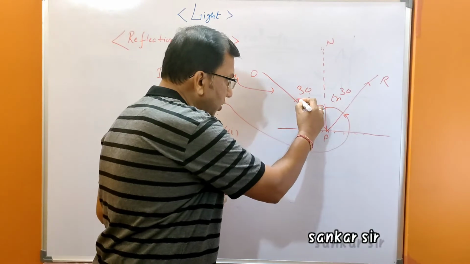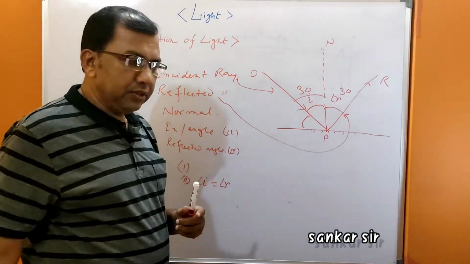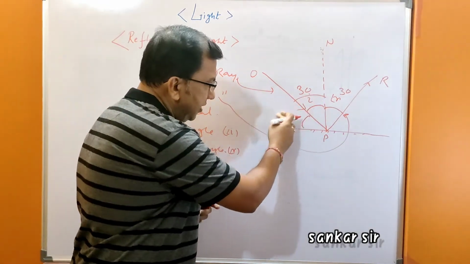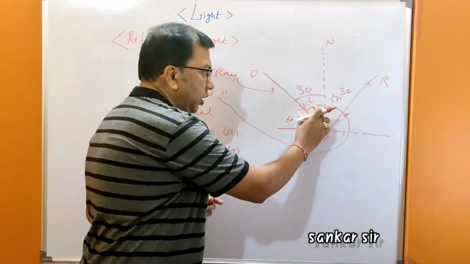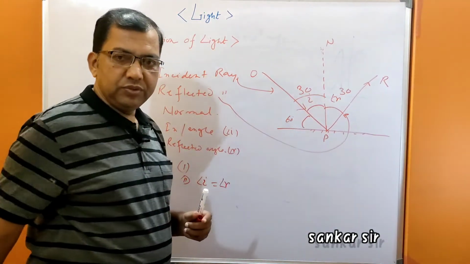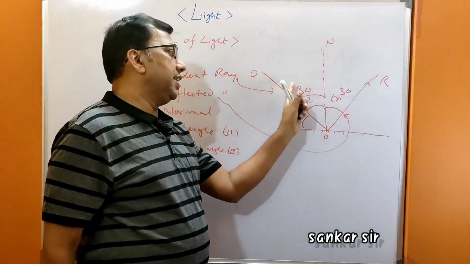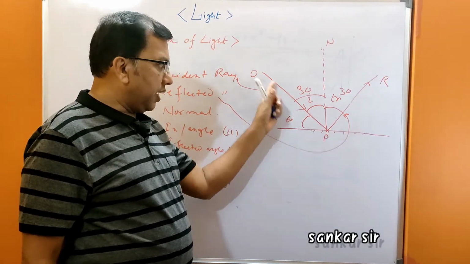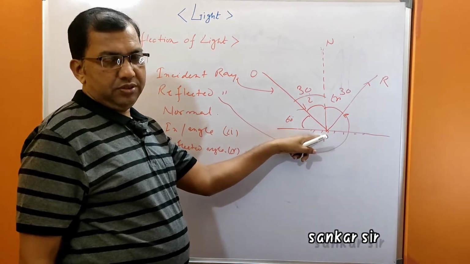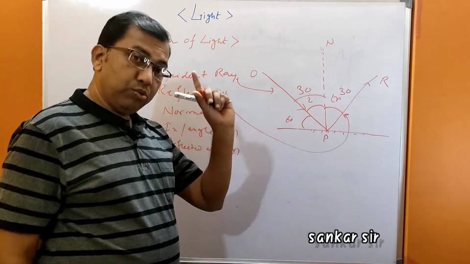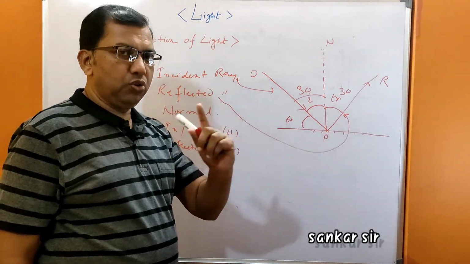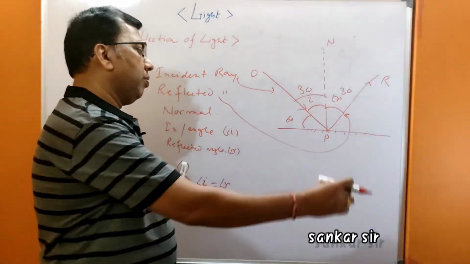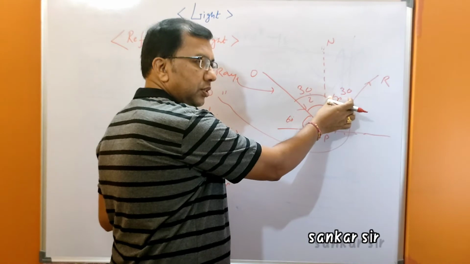The angle given is 60 degrees, and this angle is 90 degrees, so it is 90 minus 60, which is 30. So the incident angle is 30. You should note whether the given angle is the incident angle or the angle with the surface.